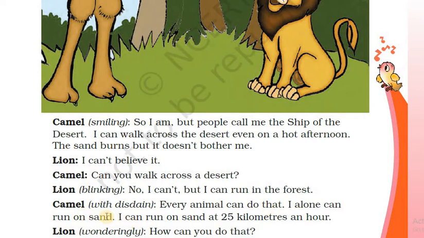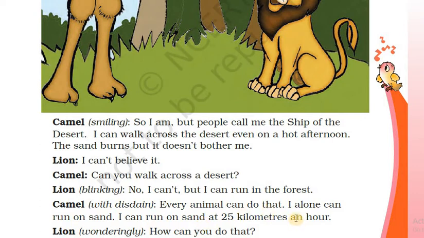Camel with disdain. Camel ऐसे hating expression देके बोल रहा है. "Every animal can do that. I alone can run on sand. I can run on sand at 25 kilometers an hour." कैमल जो होता है वो हेट दिखाते हुए, मीन्स फेस बनाते हुए बोलता है कि every animal can do, कोई भी एनिमल चल सकता है, दौड़ सकता है, राइट?